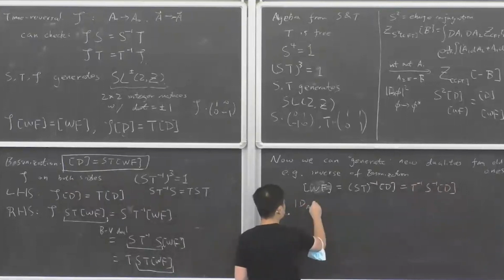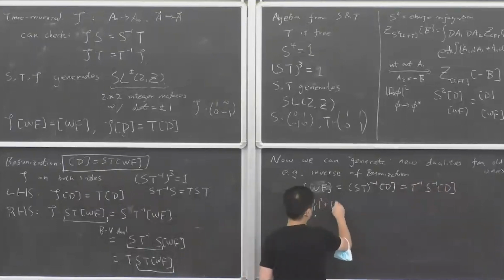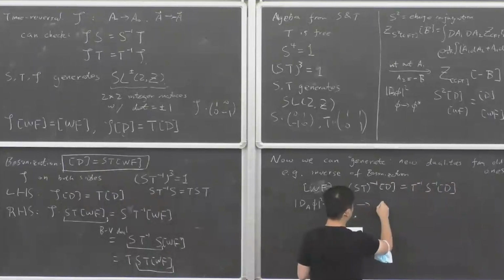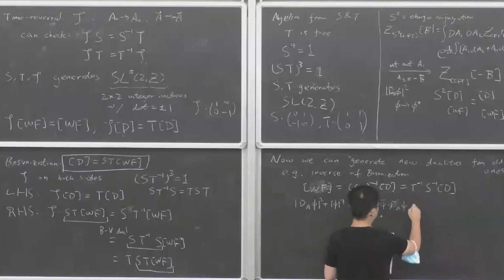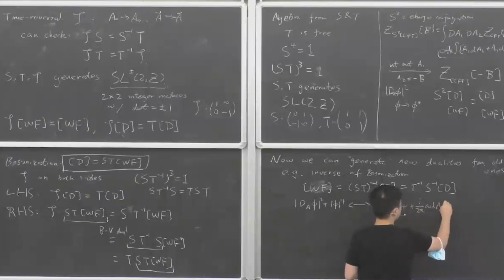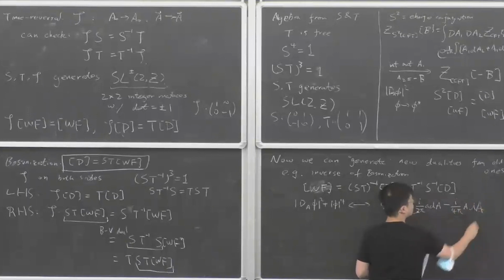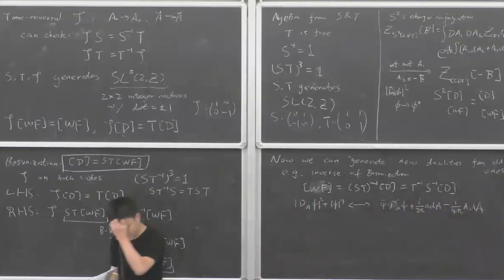This is really just saying that this guy is dual to, well, the way you unpack it is to read from right to left. So you have an S. So it means the gauge field is dynamical. Then you have a T inverse. It means you have a minus Chern-Simons term, right? So you can unpack things at any stage. Just read from right to left.